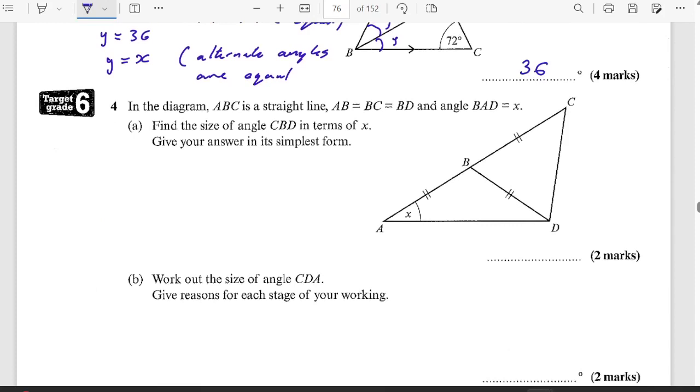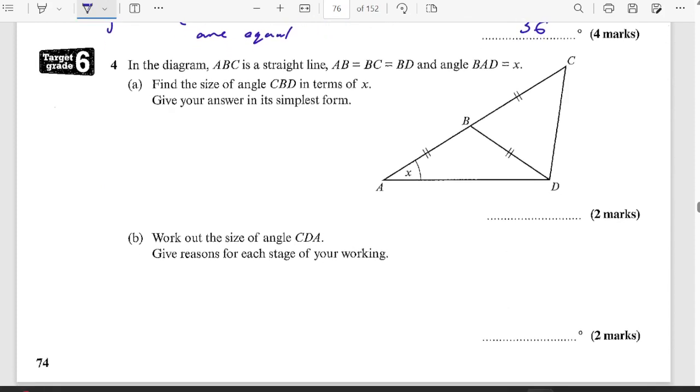Okay, question 4. In the diagram, ABC is a straight line. AB is equal to BC, which is equal to BD, and we have an angle marked there. Find the size of angle CBD in terms of x.